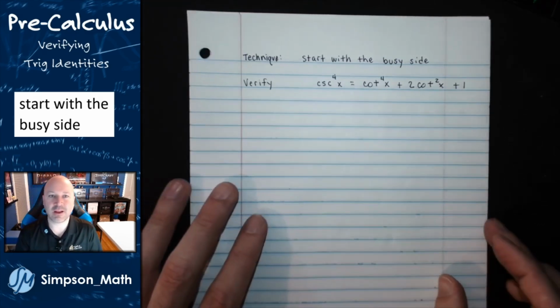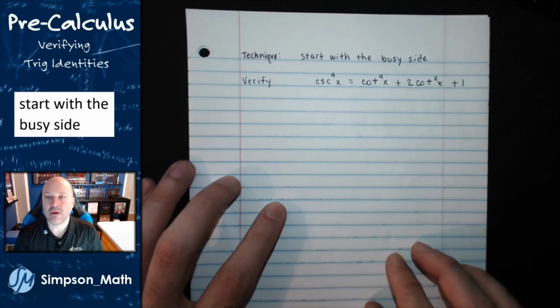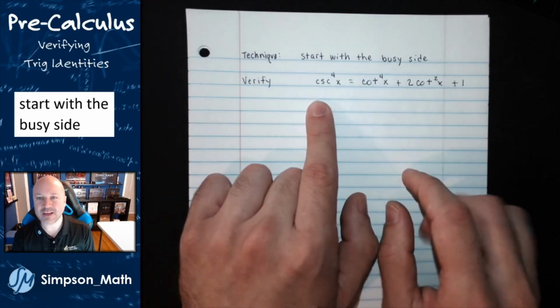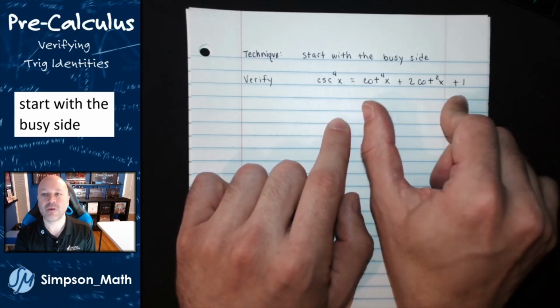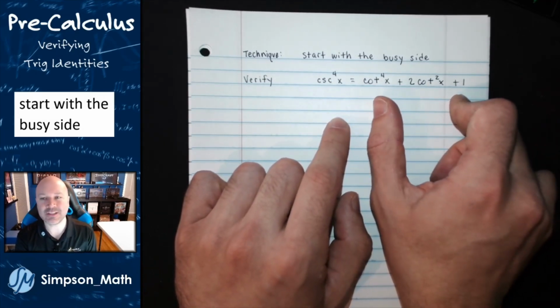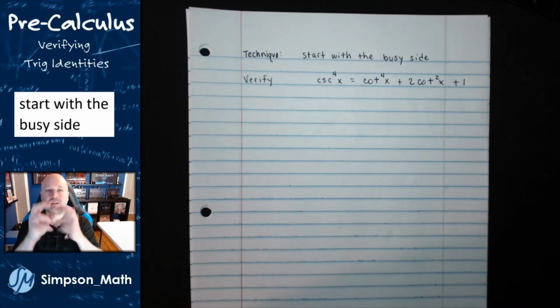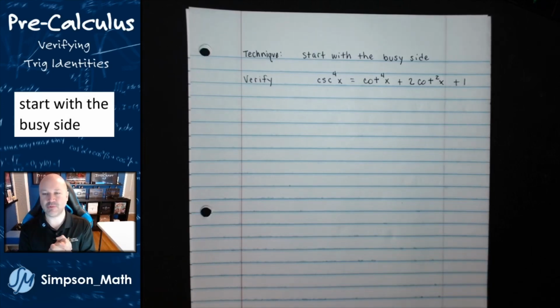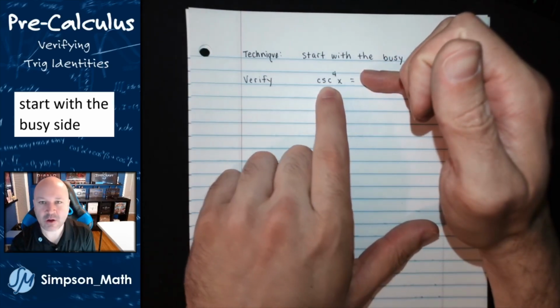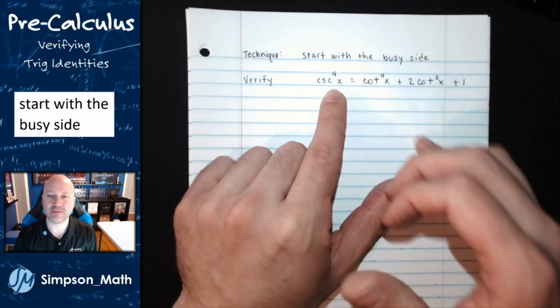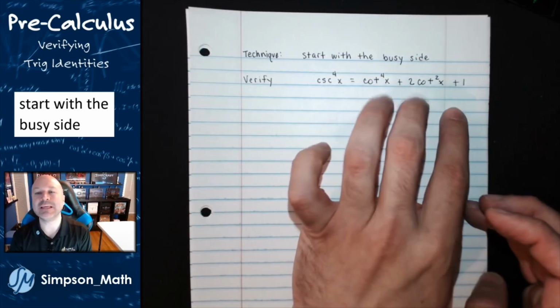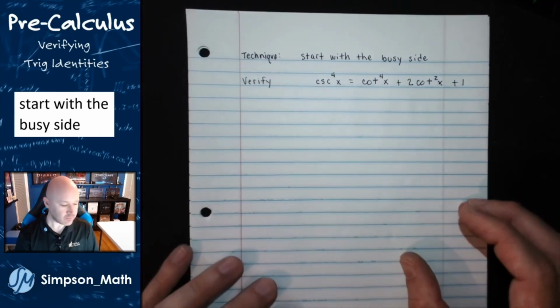There's a left-hand side and a right-hand side, and there's more going on in the right-hand side. So typically it's easier to clean up a mess of algebra than to make a mess. Adding stuff to the left-hand side is not as easy as cleaning up the right-hand side.